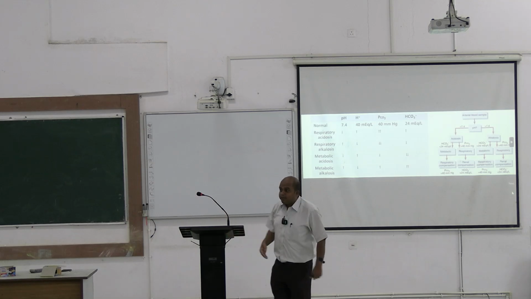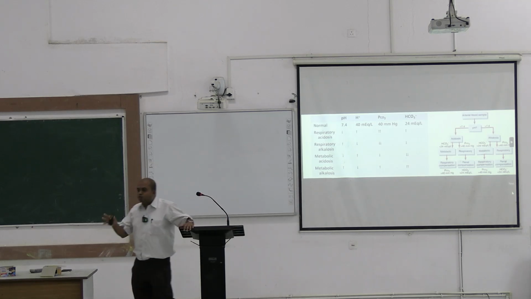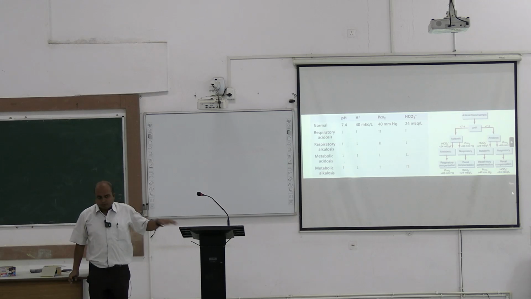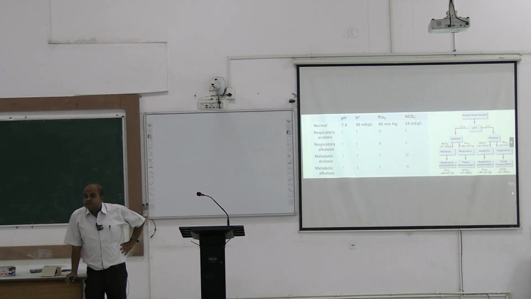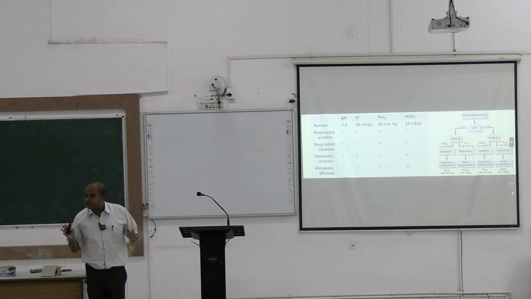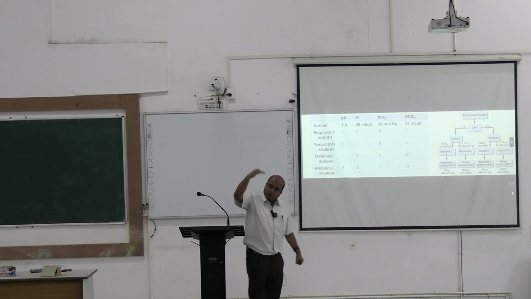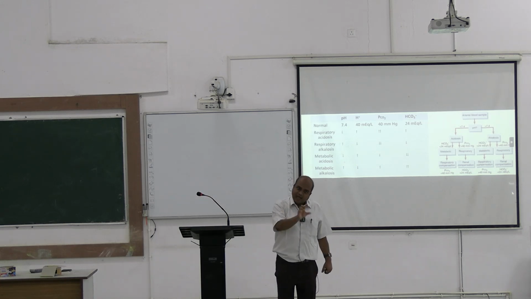Relative to H plus, the body is trying to get rid of H plus, and as a result the concentration of bicarbonate in blood rises. That is the compensatory mechanism. So in acidosis or alkalosis, there will be compensatory mechanisms. Not very difficult. If it is acidosis, if CO2 is more and bicarbonate is also more, then at least you can write it is respiratory acidosis.